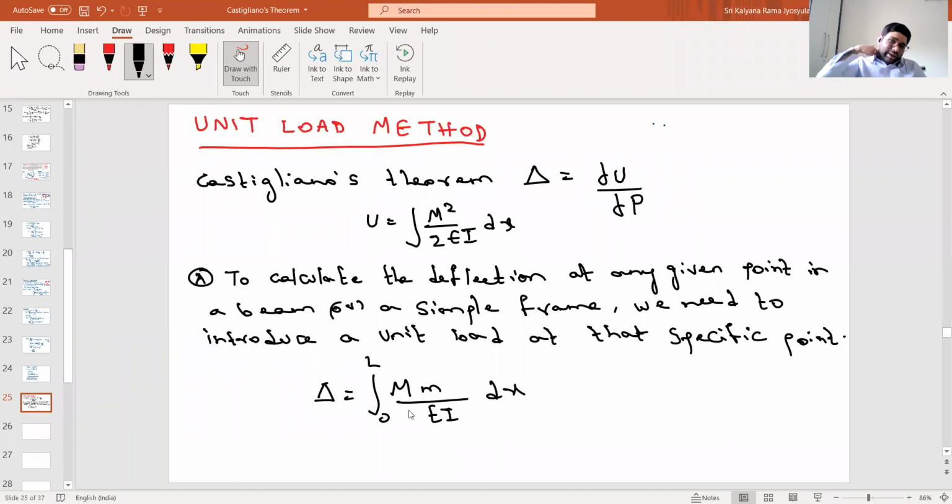Now, there is a derivation for it. It's a simple one using the basic stress, strain, and bending stress relations, and it is similar to Castigliano's theorem, so I'm not repeating it.